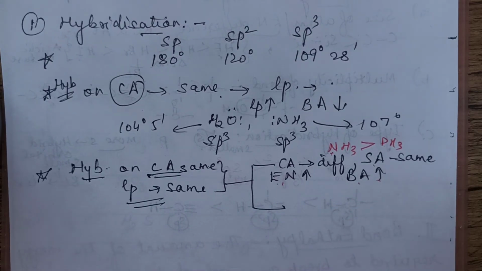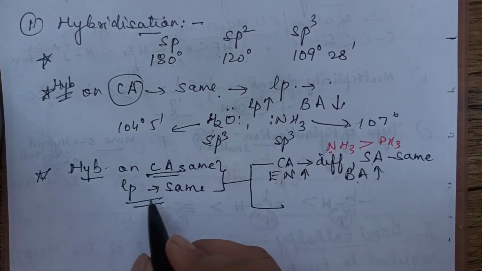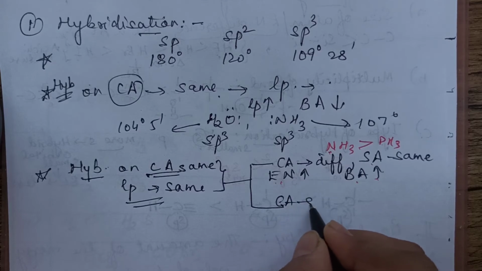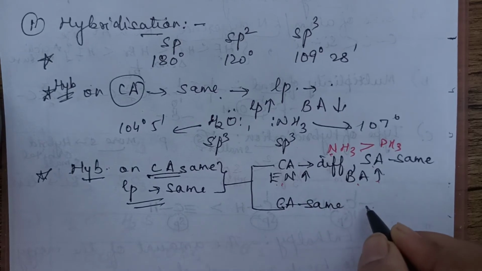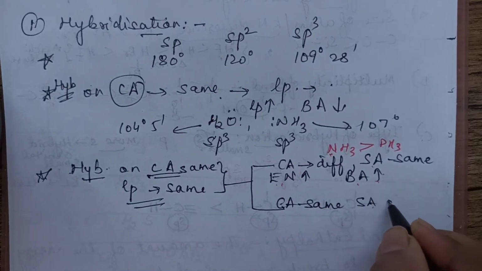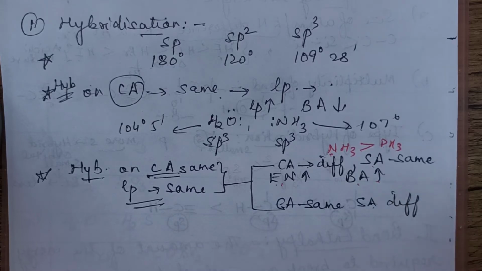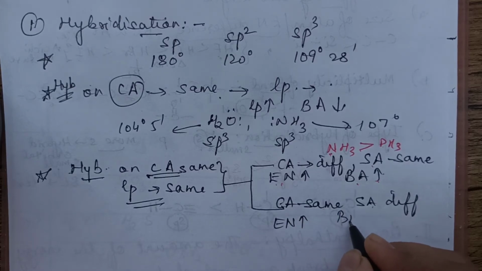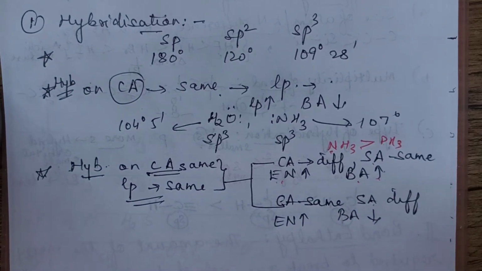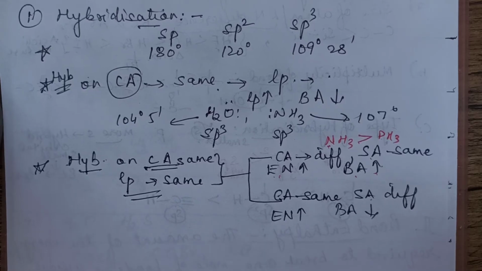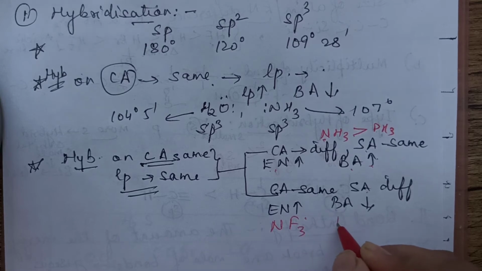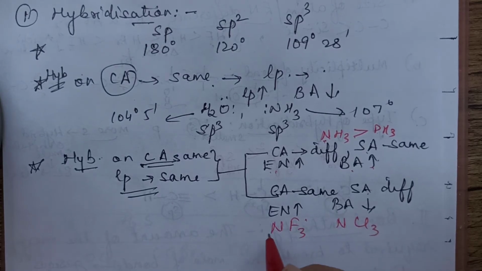Next, the hybridization is the same, the lone pair is the same, and the central atom is the same, but the surrounding atom is different. Reverse of the first case. Then you have to see: the more the electronegativity, the less the bond angle. Let me take an example. Suppose I compare NF3 and NCl3.